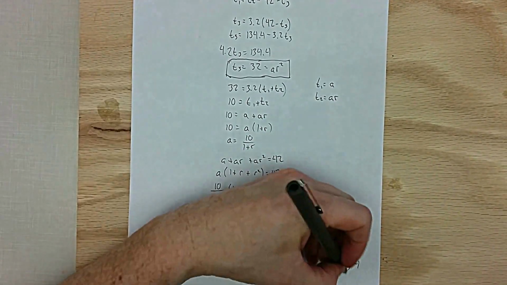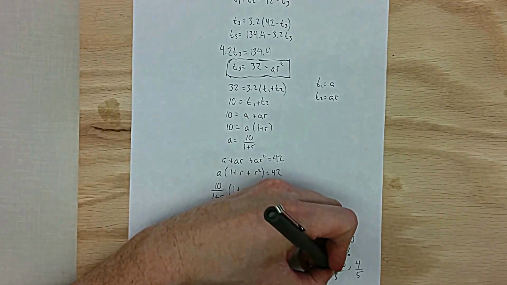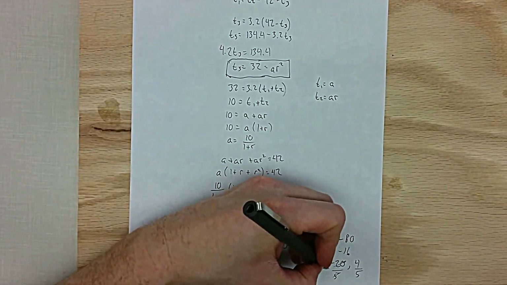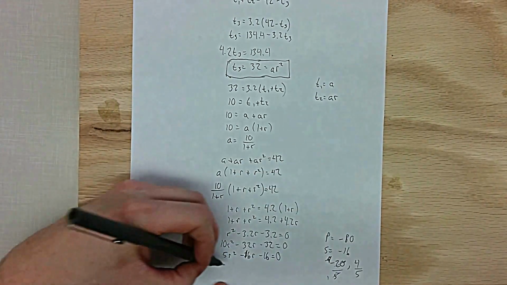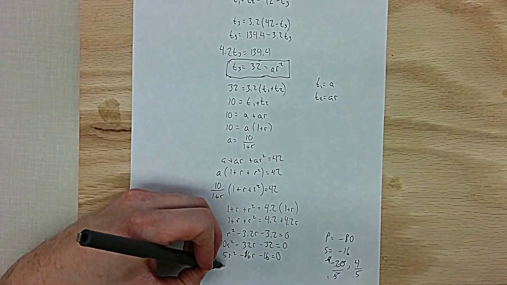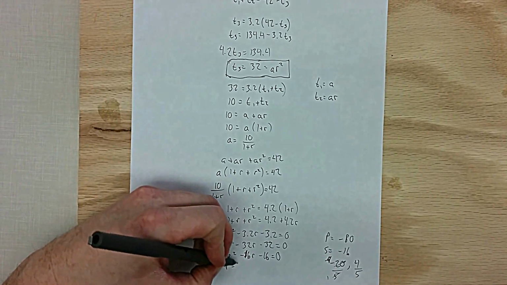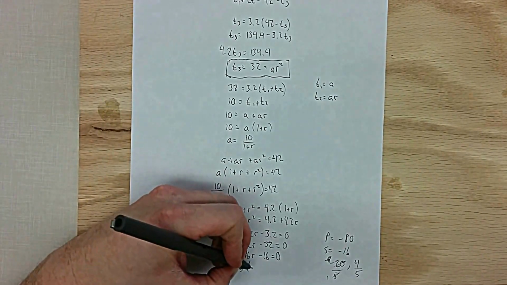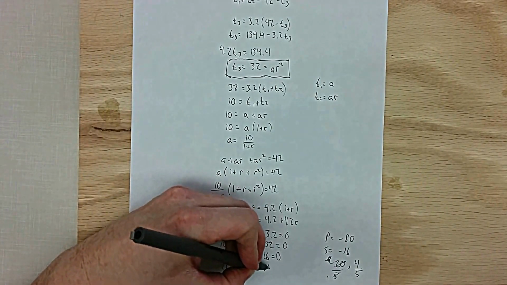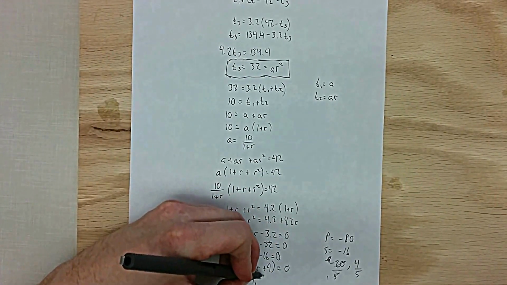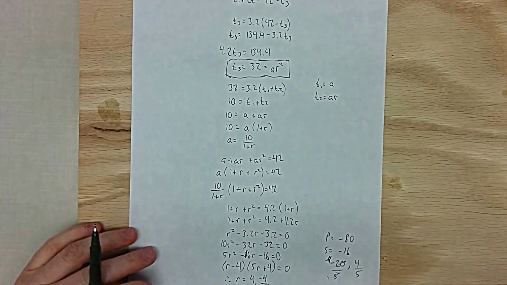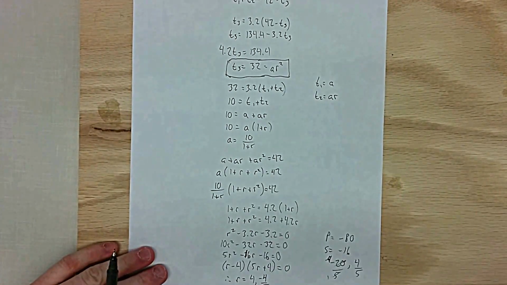So if I follow through my tricky little factoring method, that will factor to r minus 4 times 5r plus 4 equals 0. So that means r is equal to 4 or negative 4 over 5. Okay, so that's r.